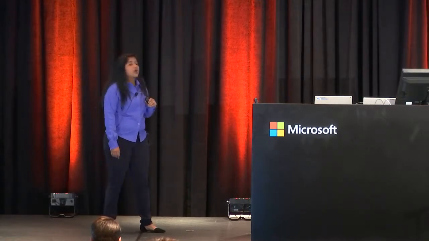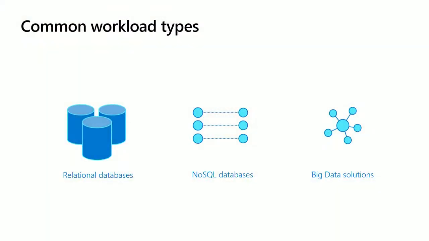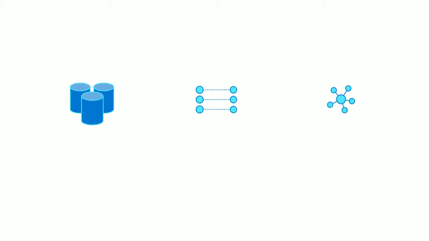Now, some common workload types that we see as we talk to different customers who run on Azure are relational databases. That is obviously extremely common. We also see NoSQL databases are very common, as well as big data solutions as a way for people to, again, lift and shift before they move to hosted big data managed solutions in the cloud.